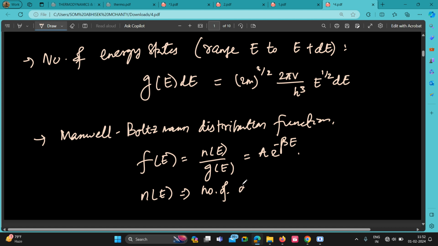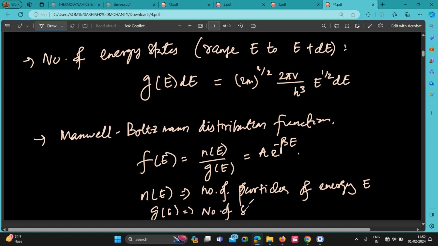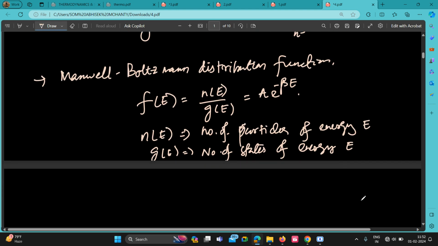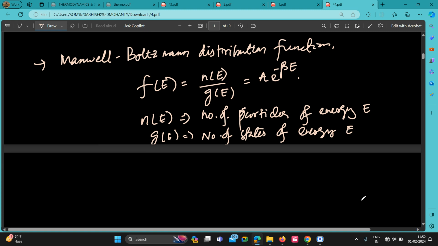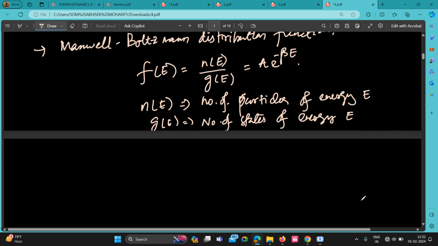Number of particles of energy E, and G(E) is your what? Number of states of energy E. Right? G is the number of states. N(E) is the number of particles. Okay.